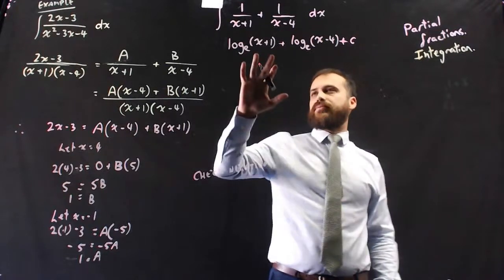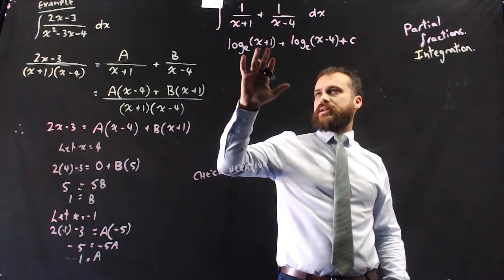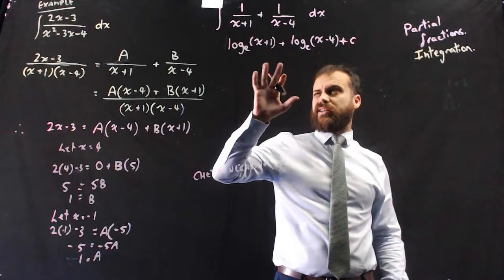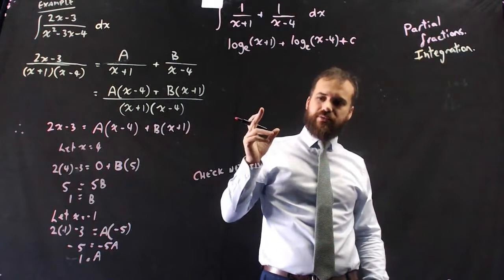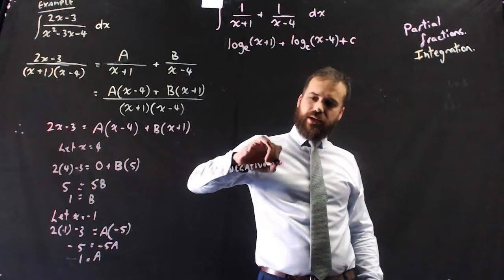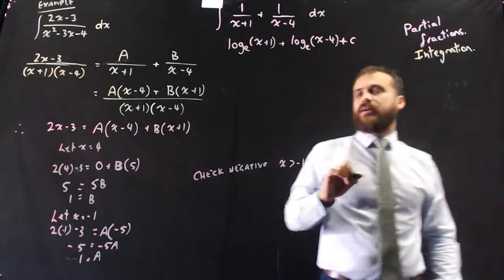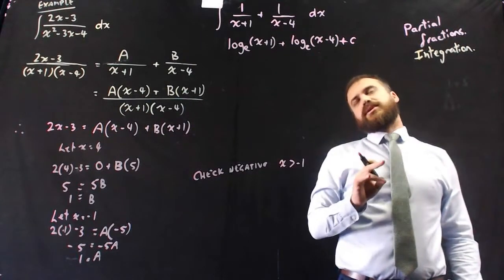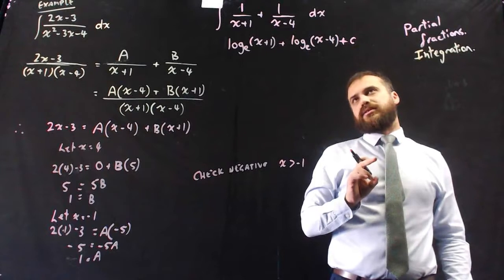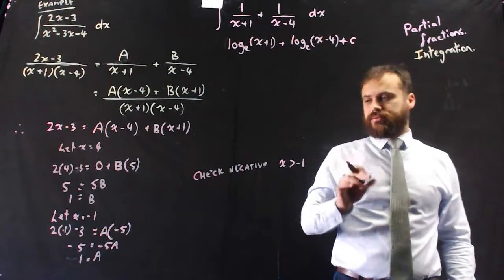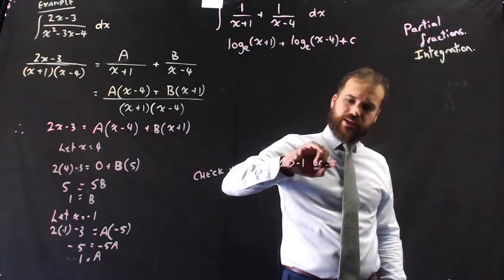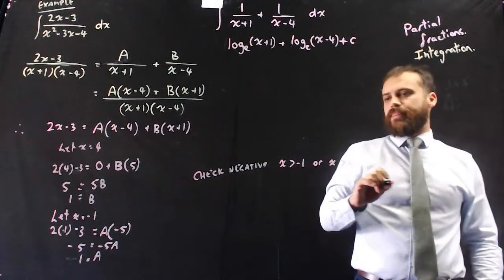Now here, x needs to be greater than negative 1. As long as x is greater than negative 1, then we're good. But here, x needs to be greater than 4.